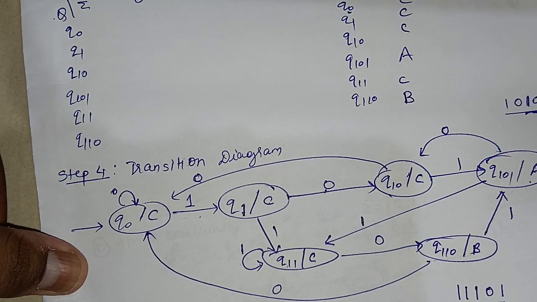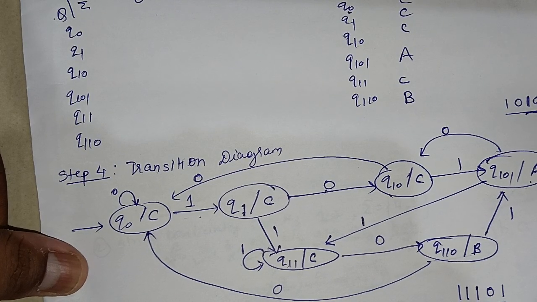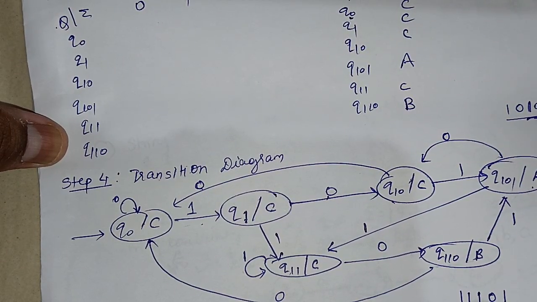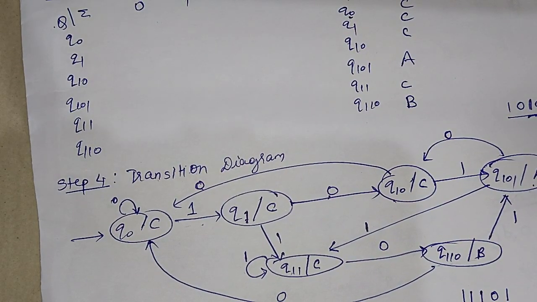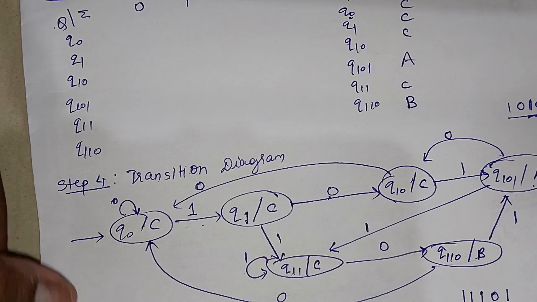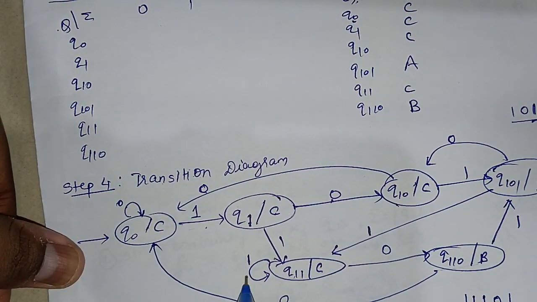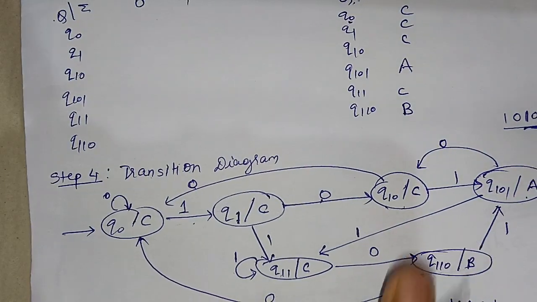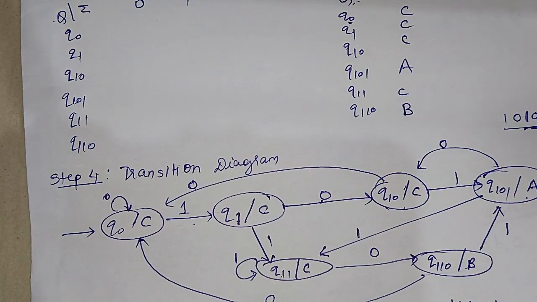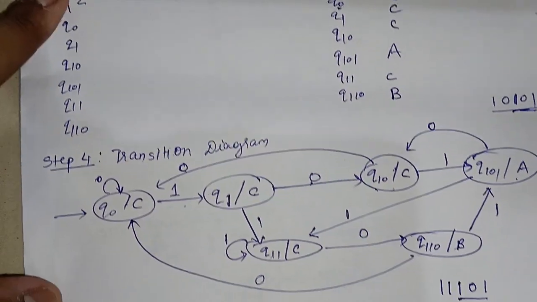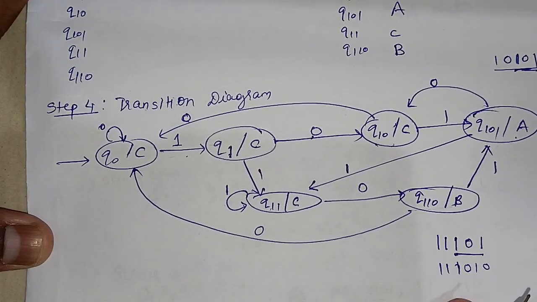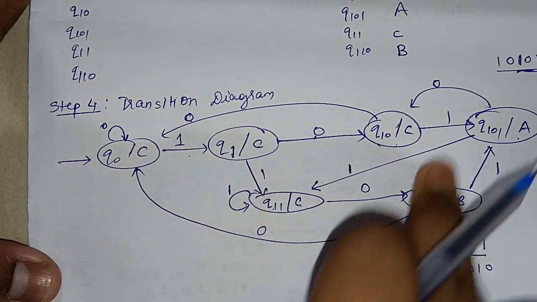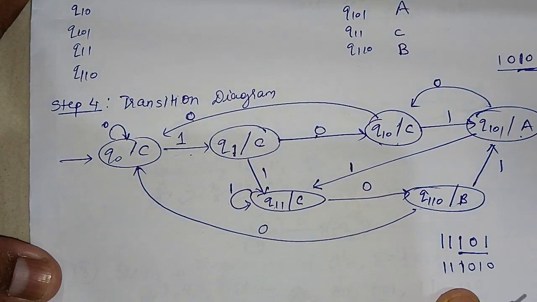Same, if the input is like 1 1 1 0 1 0, there is no ending with 110 or 101. See, output is coming C, means otherwise. This input 1 1 1 0 1 0 comes as otherwise.